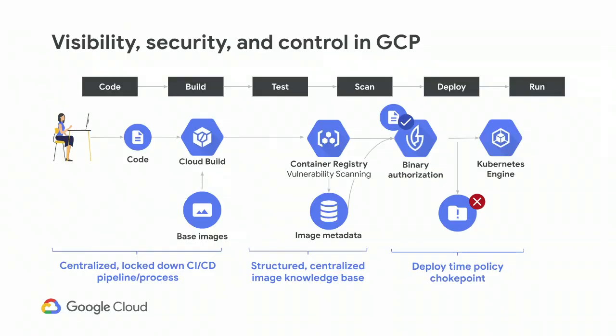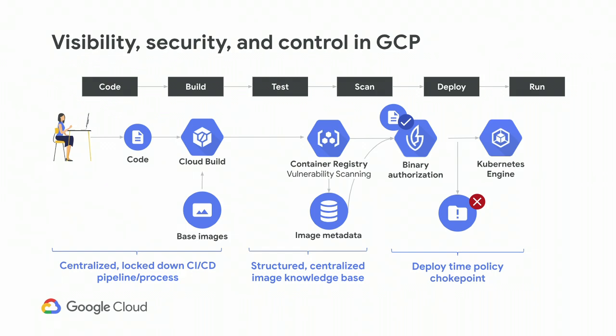So looking at the different stages of the software supply chain, we provide different solutions. Starting with Cloud Build, our CI/CD platform, you can use it to build different kinds of source code from different repositories. From there, you can make use of the managed base images that I will go into more detail on soon.